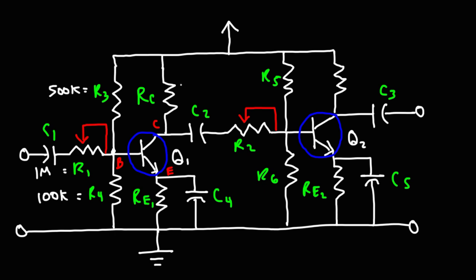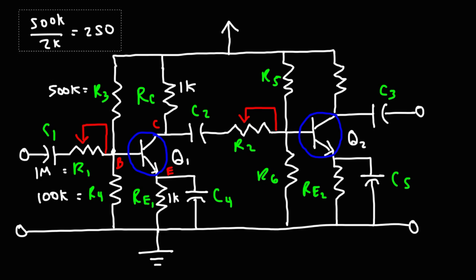So if I were to use a value of 1K for RC and 1K for RE, then beta could be at most 250. If you divide 500K by 1K plus 1K, or 2K, that gives you 250, which is a decent current gain for the first stage of the amplifier. Now, beta won't be exactly 250, but at least it gives me a ballpark figure of what it could be.